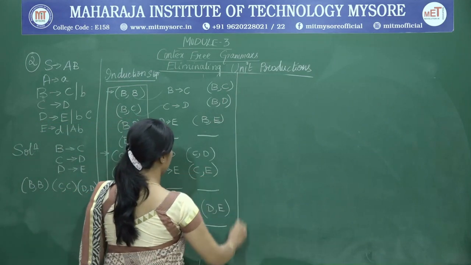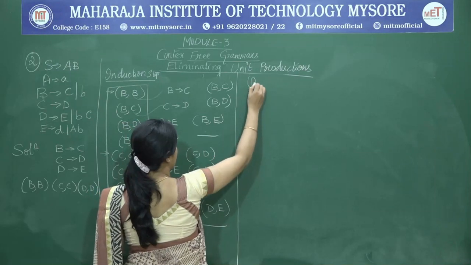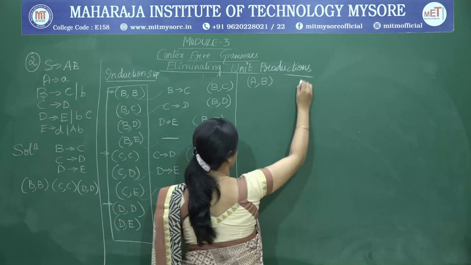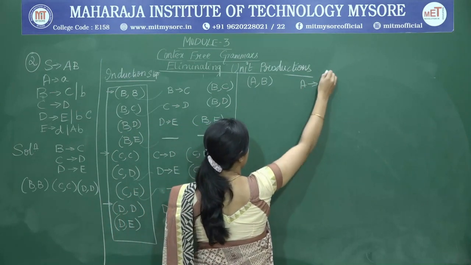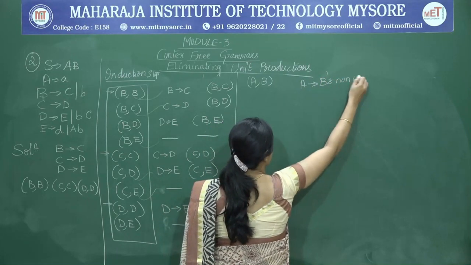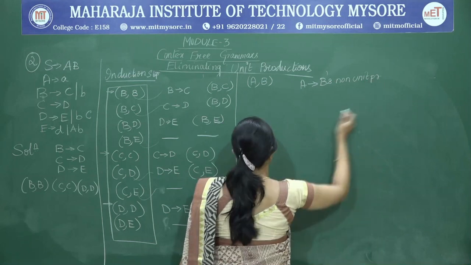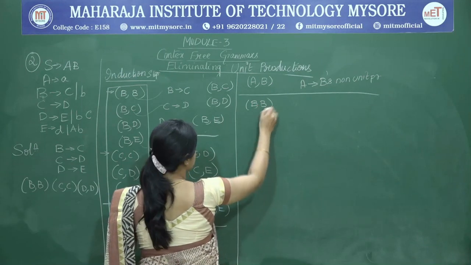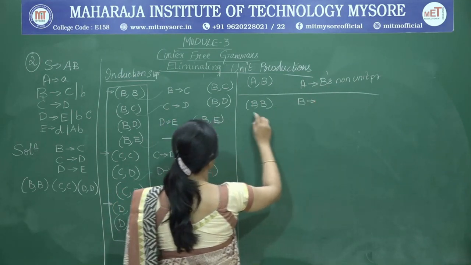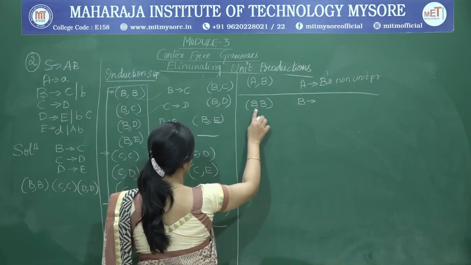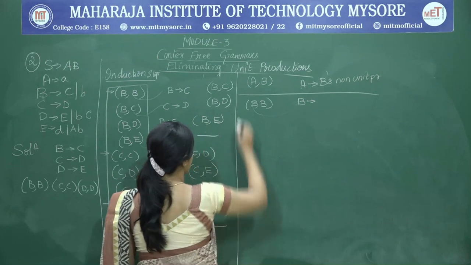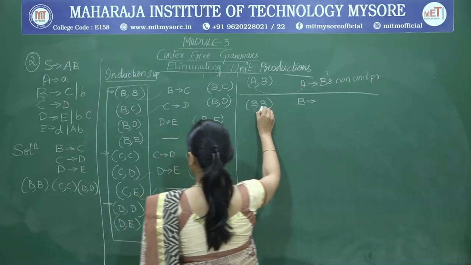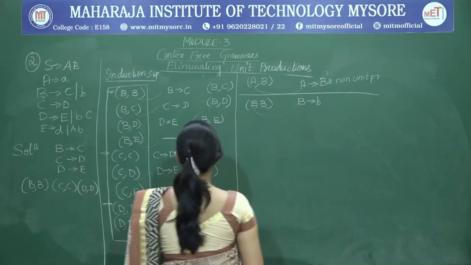We will move to step 2, where we consider any unit pair in the form of A comma B, and we replace it with A goes to B's non-unit productions. The first pair is B comma B. Here the first one is A and the second one is B. So B goes to B's non-unit production, which is small b.